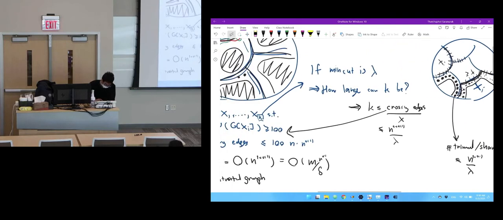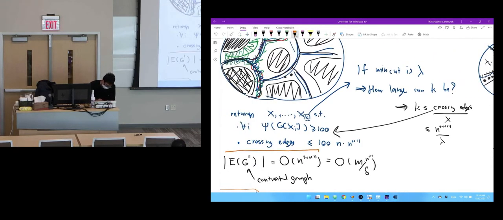Here we will use the fact that the number of edges in G prime is something like n. But for each node that you trim, you contribute at least something like delta edges into G prime. So there can be n over delta trimmed nodes. Sorry.